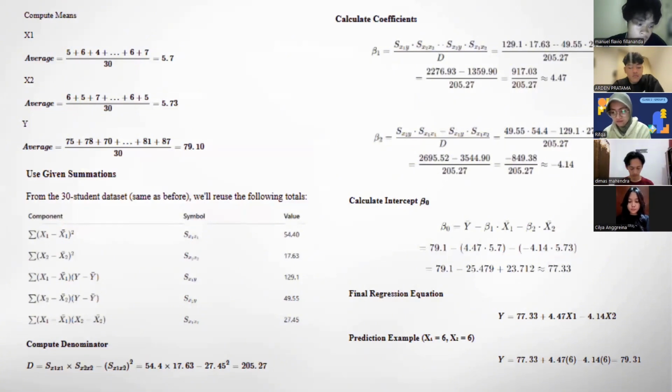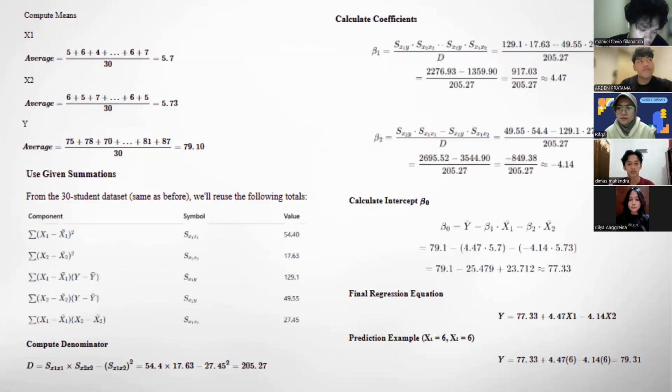For the first step, we begin by calculating the average of each variable. Mean of x1 we got 5.7, mean of x2 is 5.73, mean of y is 79.10. And after that, from the dataset, we already compute the necessary summations, including variance, which is 17.63, and we also have covariance between y and x.